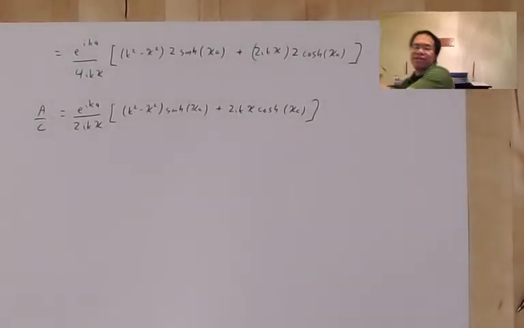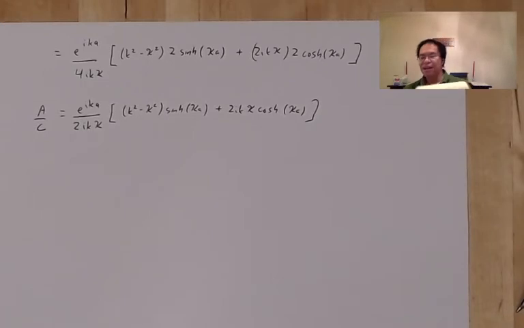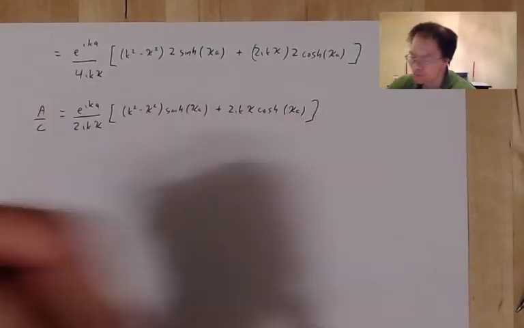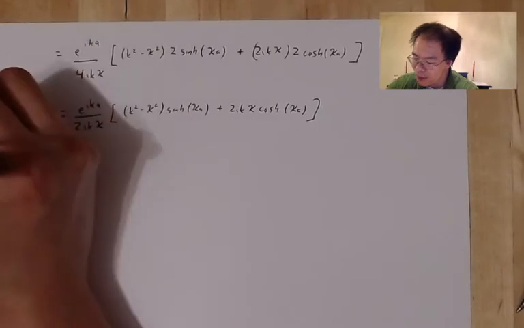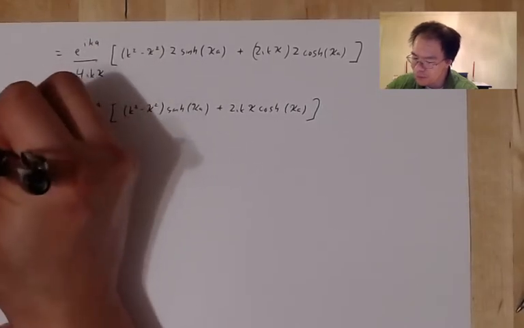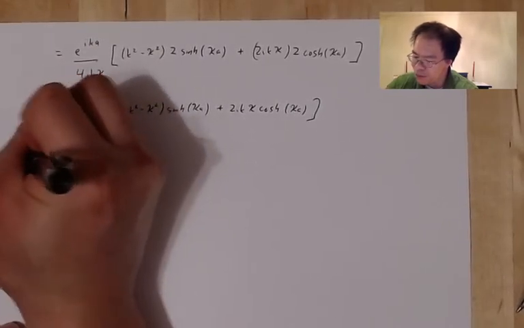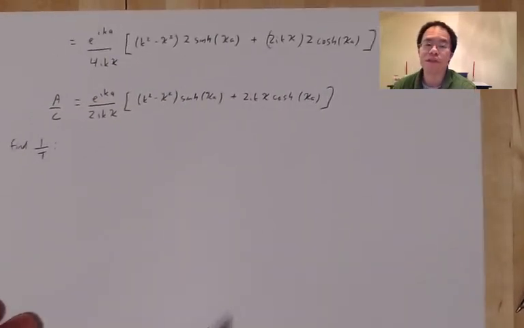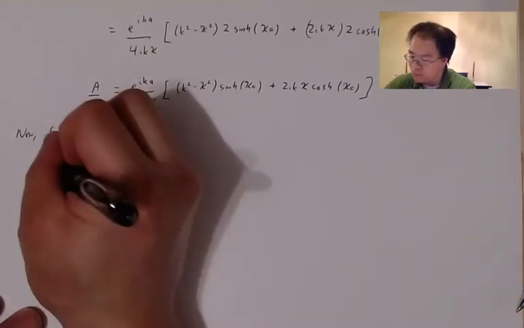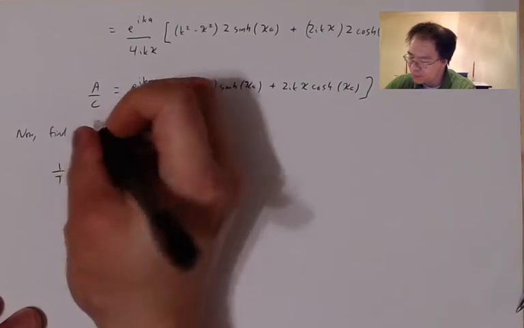But we still have work to do, and namely, what we'll now do is work out the transmission coefficient, or 1 over it. So now find 1 over my transmission coefficient, which is right.